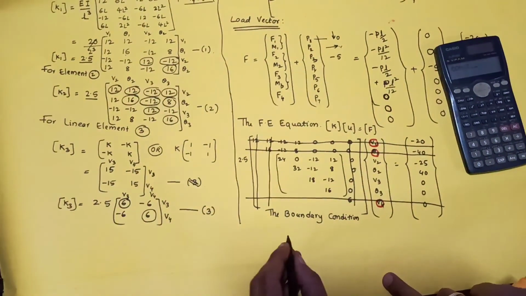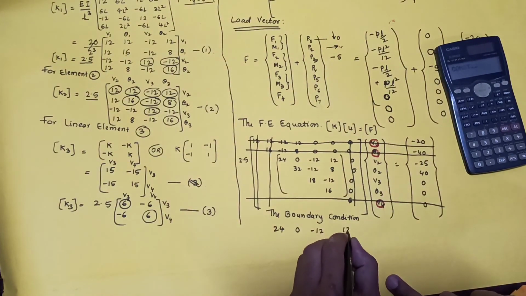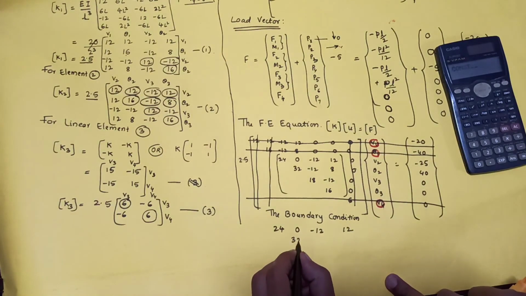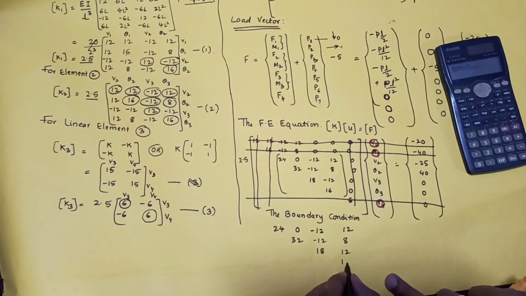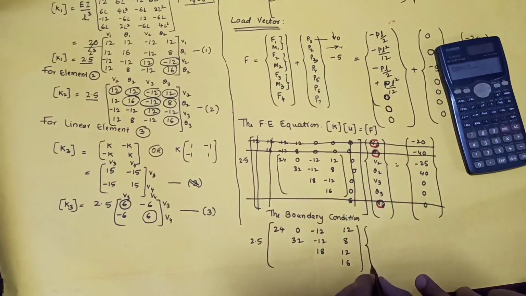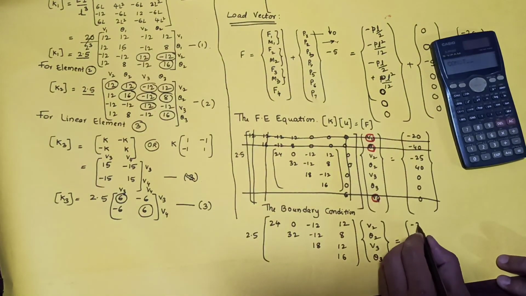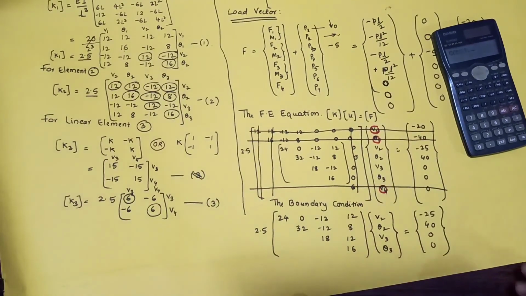So you can write now 24, 0, minus 12, 12, 32, minus 12, 8, 18, 12, 16. This is a symmetric matrix, so 2.5, and the remaining unknowns are V2, theta 2, V3, theta 3. Now the forces: 1, minus 25, 40, and the remaining 0, 0. So this becomes a 4 by 4 matrix.